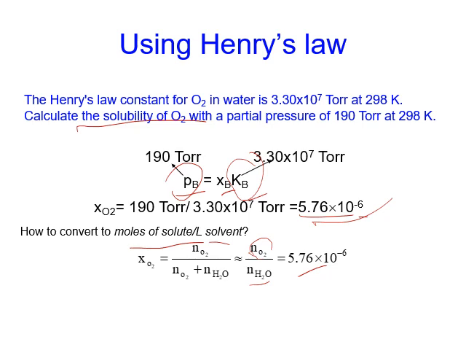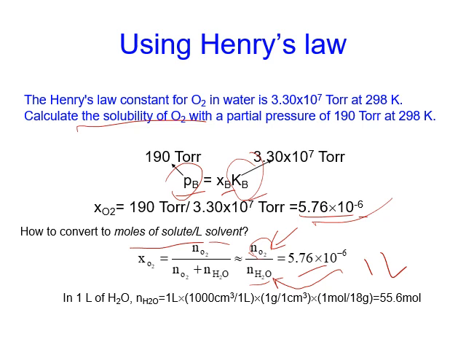If we know how many moles of water form 1 liter, in other words, in 1 liter of water, how many moles of water, then from this equation we can calculate how many moles of oxygen in 1 liter of water, and that's the molarity. To calculate the number of moles of water in 1 liter, we use volume, which is 1 liter, changed to cubic centimeters, times density, that gives you grams of water, divided by molar mass, and that gives you 55.6 moles.